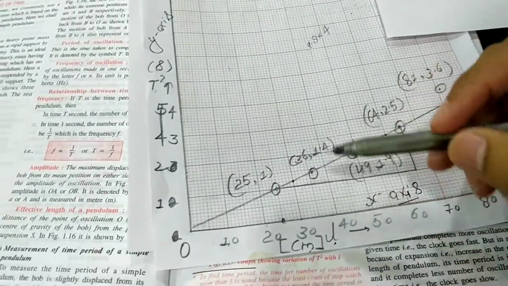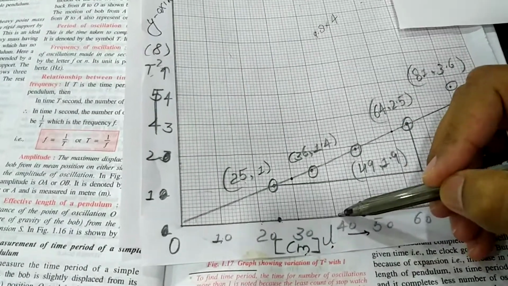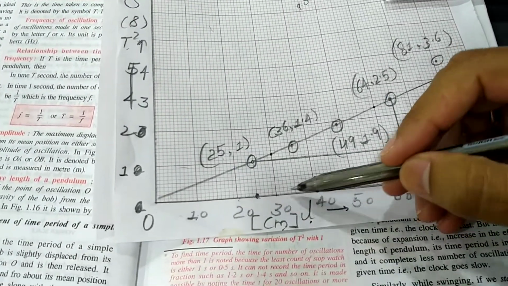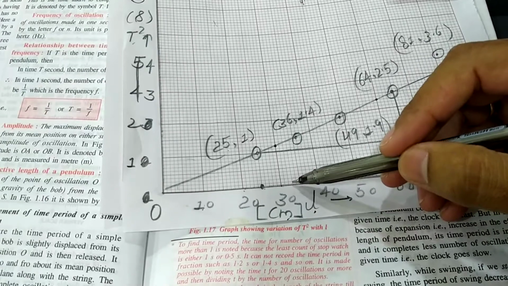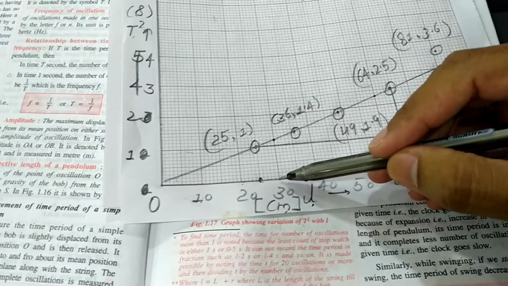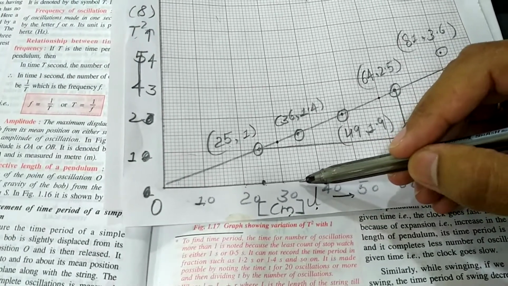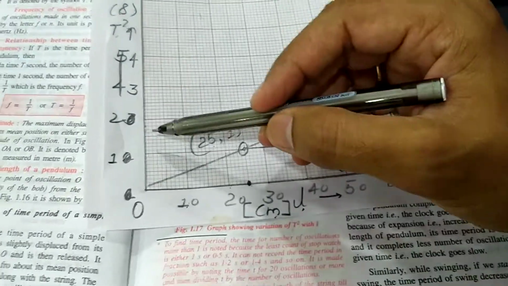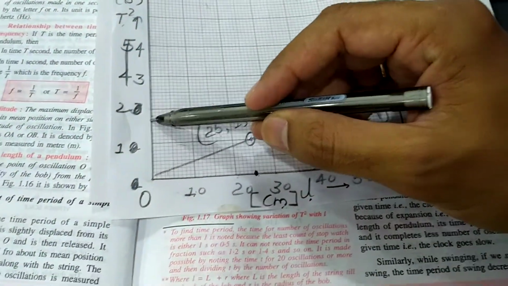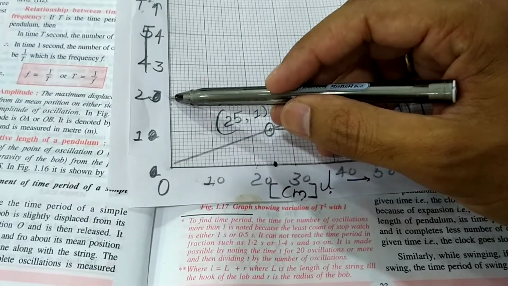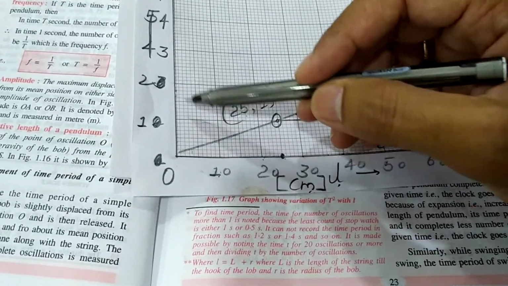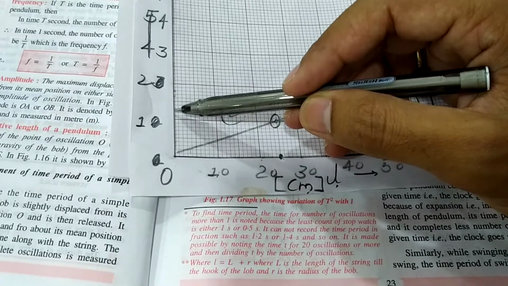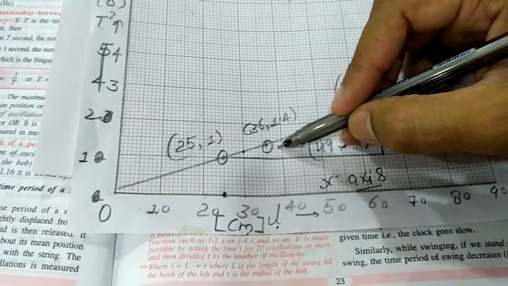Between 30 and 40 there are 10 divisions, each of 1 centimeter: 30, 31, 32, 33, 34, 35, 36. And 1.4: between 1 and 2 it is again divided into 10 parts, so 1, 1.1, 1.2, 1.3, 1.4. So this point is marked.